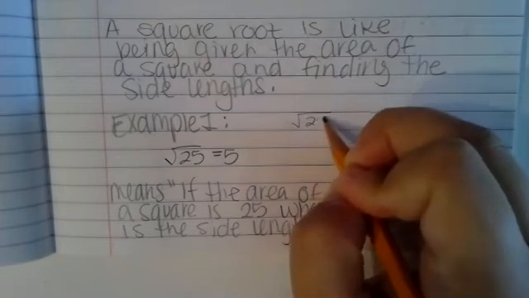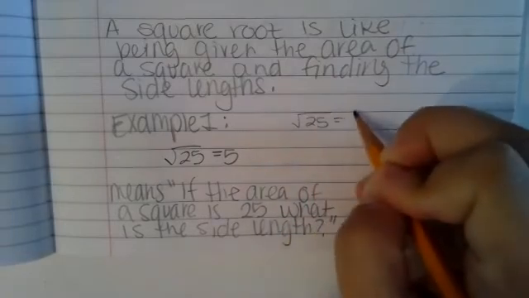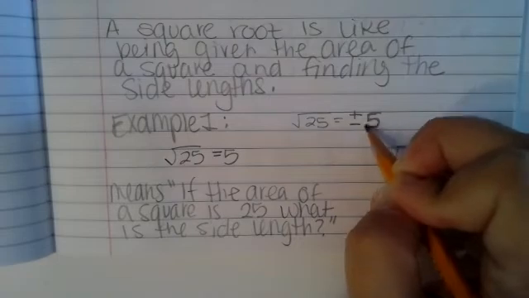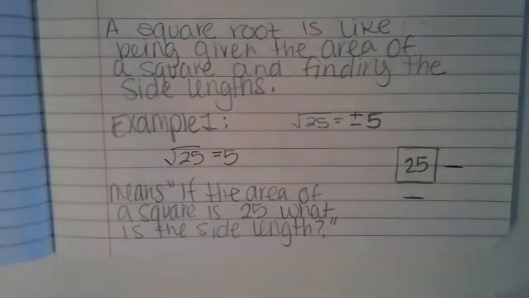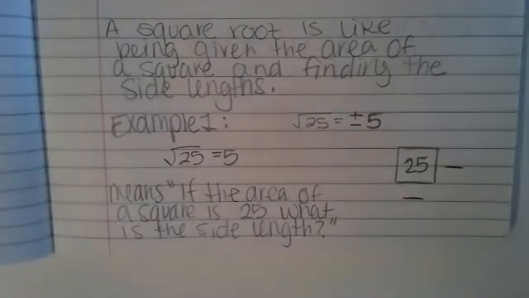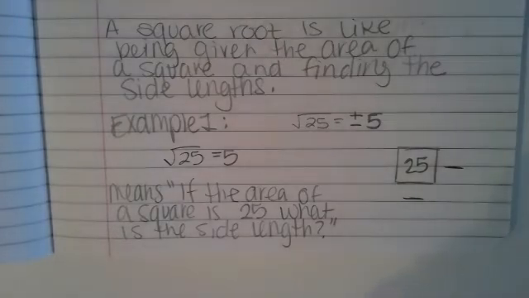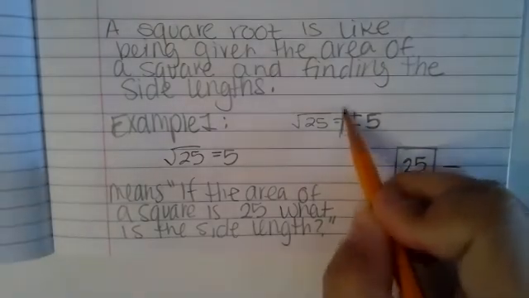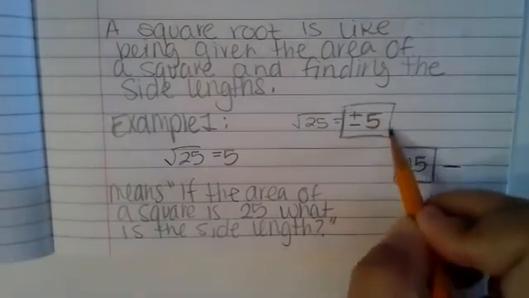The square root of 25 is equal to plus or minus 5. Because I want you to think about this. If I had -5 times -5, I still get a positive 25. If I have 5 times 5, I get a positive 25. So anytime we are solving for the square root of something, the final answer is plus or minus that number.